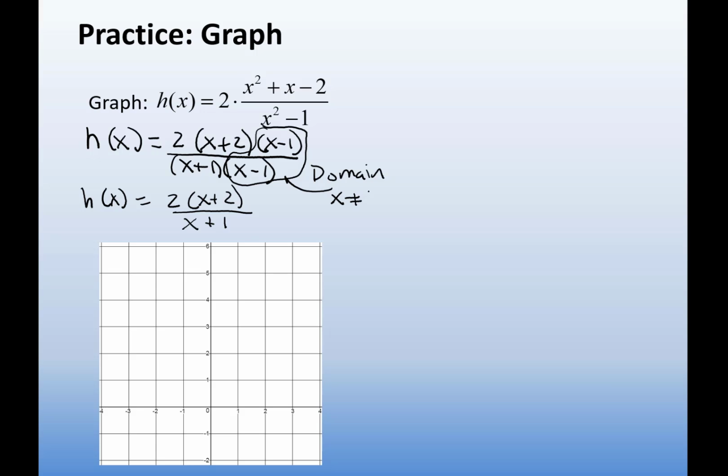X cannot be 1 and x cannot be -1 because of these two denominator factors. However, the domain restriction at 1 is a part of the original function, but it gets canceled out.